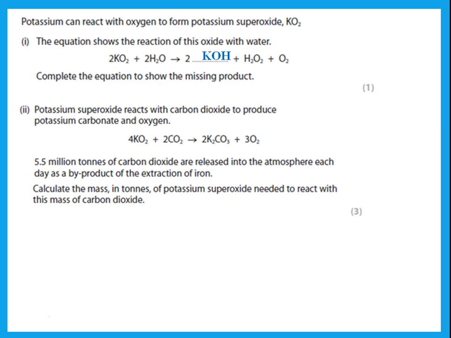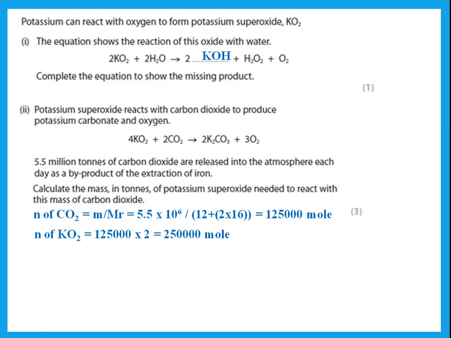So if I have 5.5 million tons of carbon dioxide, I calculate the number of moles. A ton is times, or millions is times 10 to the 6. So the number of moles is mass over the molecular mass of CO2, and then from that I relate it with the number of moles of KO2 from the equation.